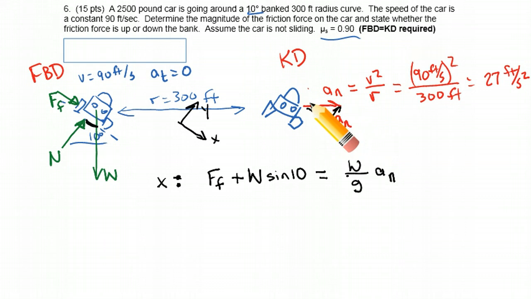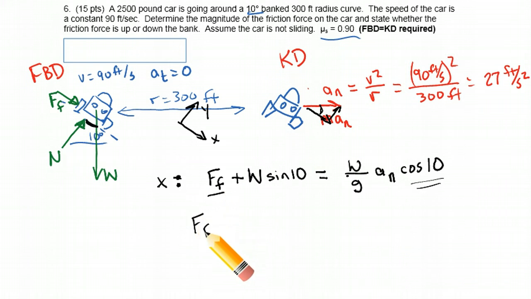That's this total one. I want just this component, so that's going to be the cosine of 10. I'm sure a lot of people working this problem overlooked that you needed to get a component. Now I know everything in this equation, I can solve for F sub f.